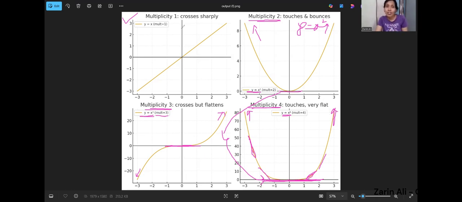But if it's odd, just like multiplicity 1 or multiplicity 3, these are the odd ones, then either it crosses sharply or it crosses but then flattens as well. But it doesn't bounce back. Had it been bouncing back, the situation would be different. But in even, it's bouncing back. Why bouncing back? Because it's not going here, it's going up.